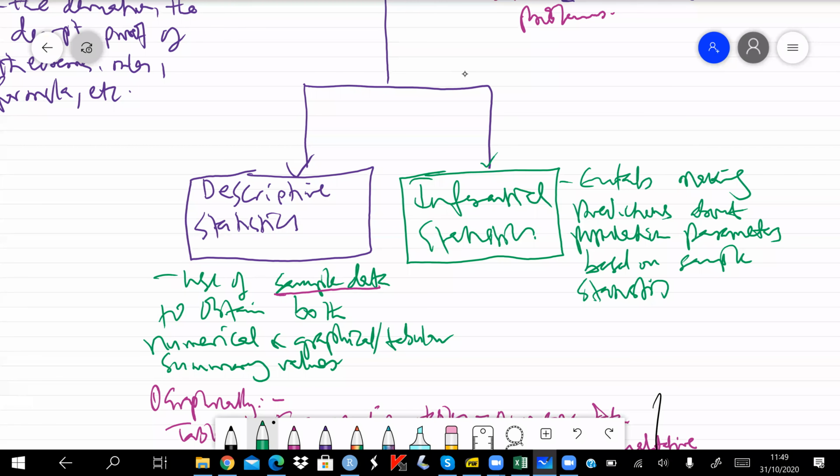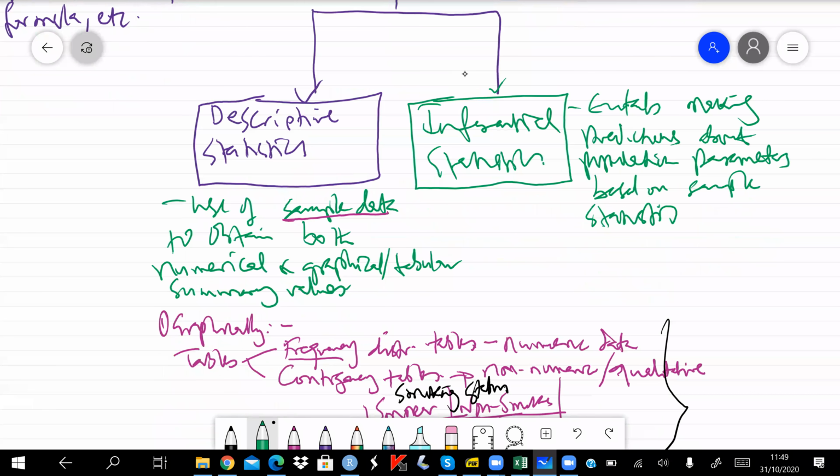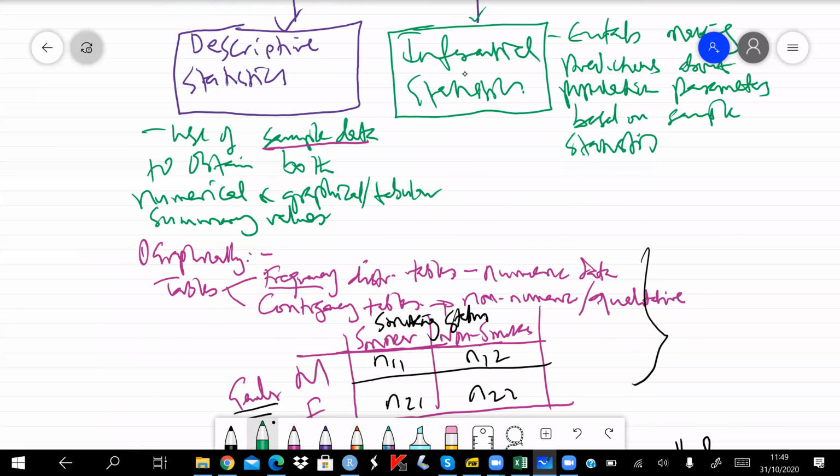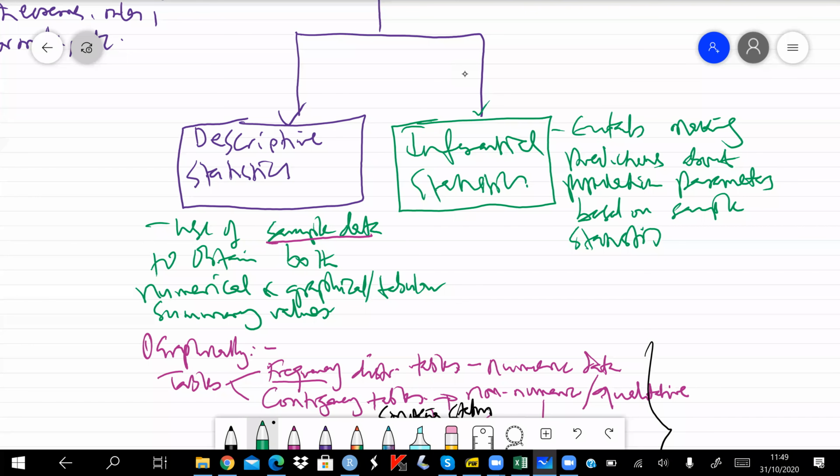After we obtain, for instance, the sample mean, we may want to make a prediction or an estimation about the population mean. The population mean is an example of what we call parameters. I'll be explaining these terms when we get started. So you use the sample information to make predictions about the populations.